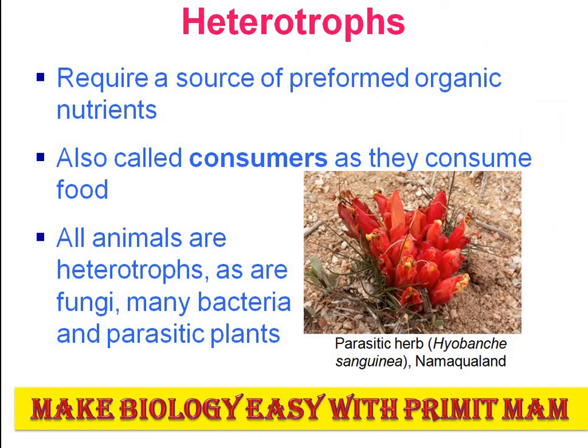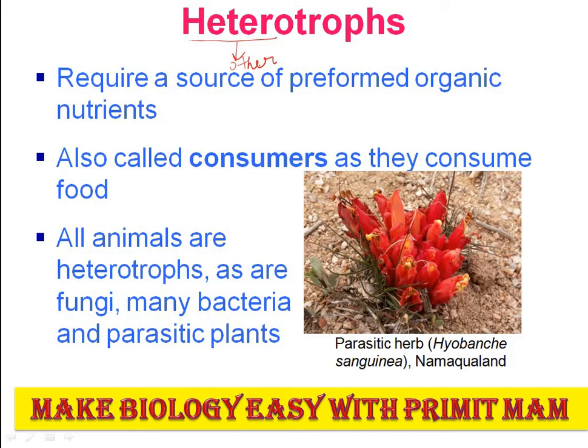Now let us talk about heterotrophs. Heterotroph is the word which is obtained from the term hetero, which means others. Okay, so heterotrophs are the organisms which cannot prepare their own food. They depend on others for getting their food.